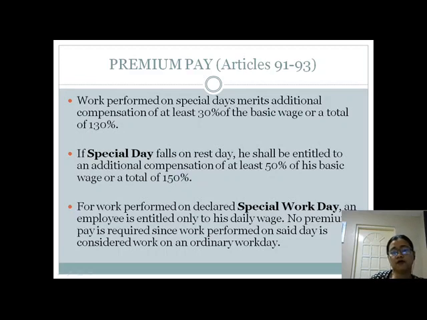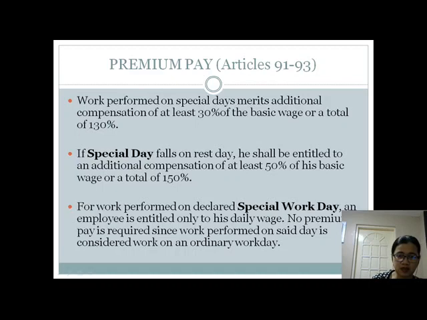Now, work performed on special days merits additional compensation of at least 30% of the basic wage, or a total of 130%. Okay, so assuming your daily rate is 404 for a particular special day, and then you work on that special holiday, then you will be given an additional or premium pay.